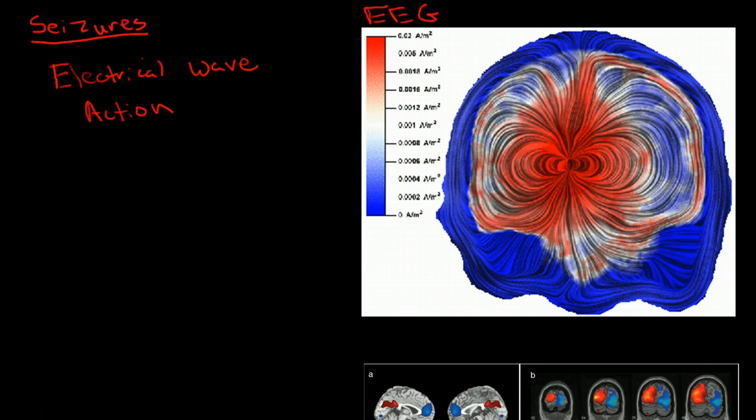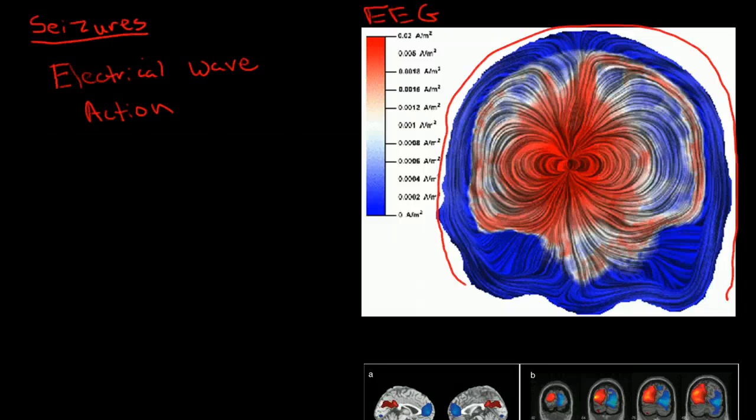Now, for instance, this here is a front-on picture of the head. So you can imagine this is a person that you're looking at, and this is their eyes and this is their nose. So what you're seeing here is a sagittal view. So you're seeing the inside of their brain as if the brain was sliced in half.